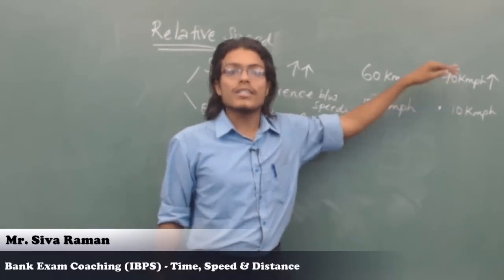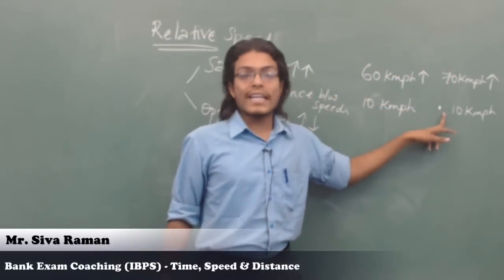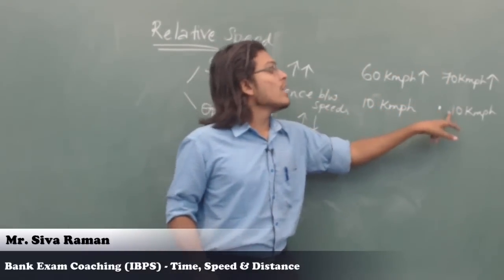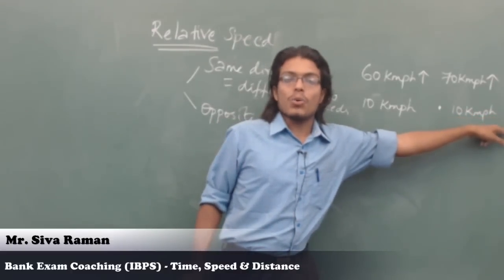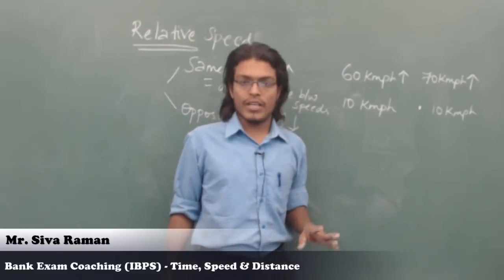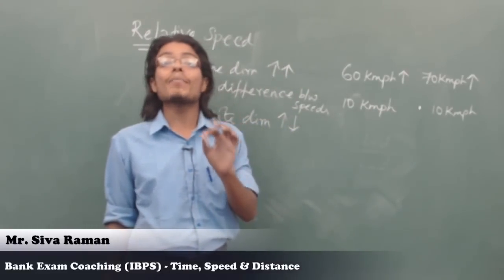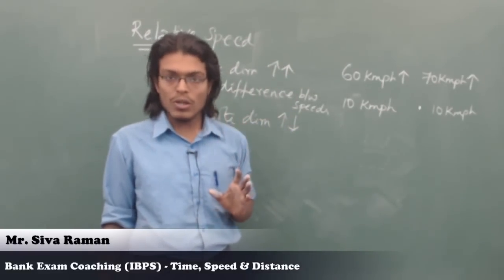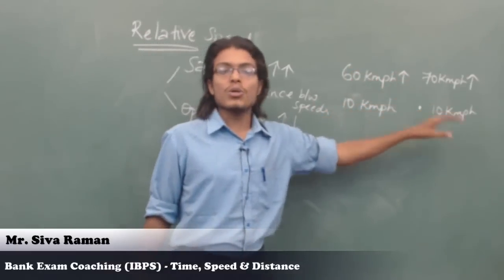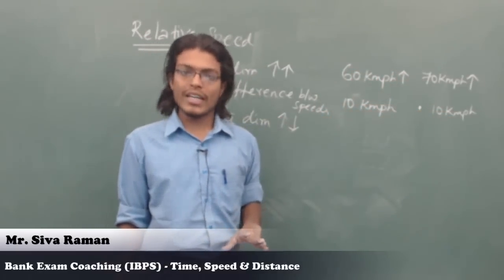That scenario is similar to you standing still and a bus crossing you at 10 kmph. Both of them will take the same time. That is what you have to understand. Both scenarios will take the same amount of time.